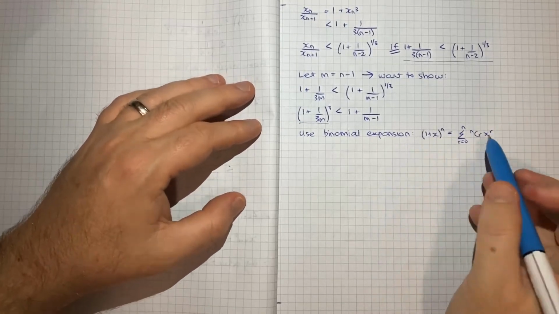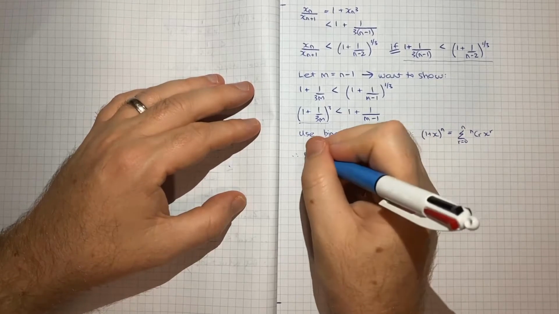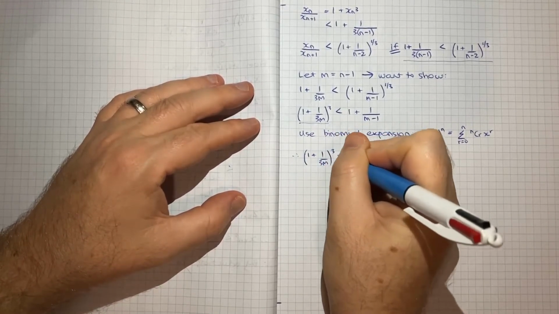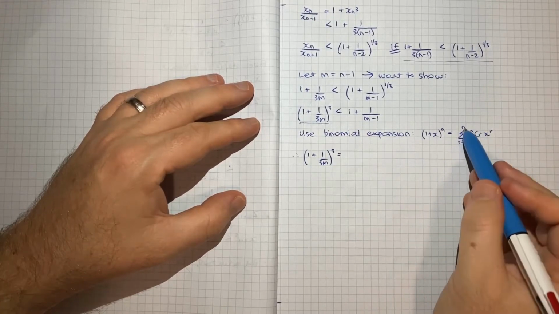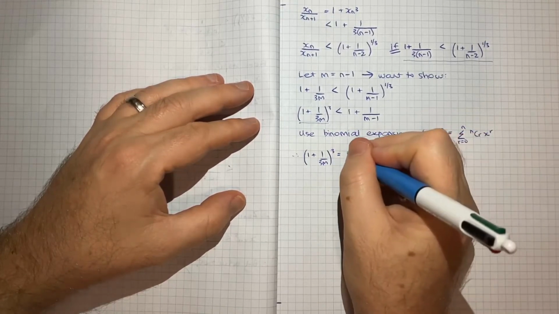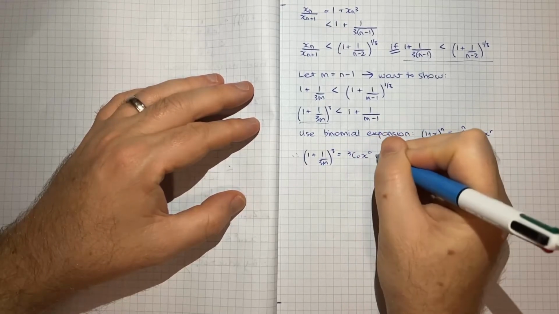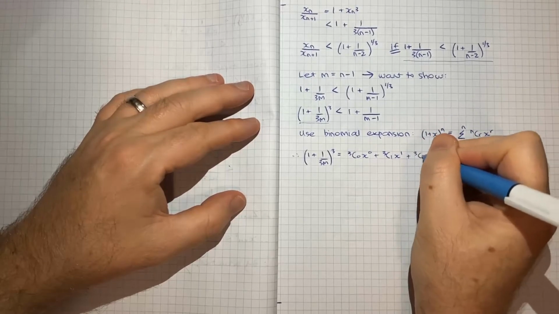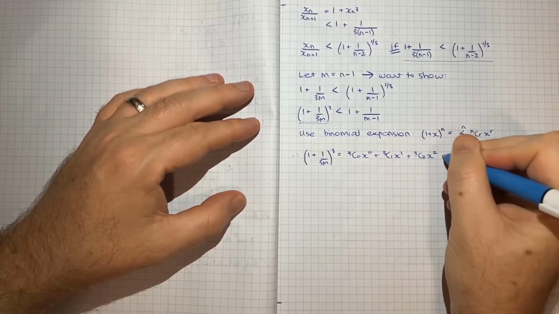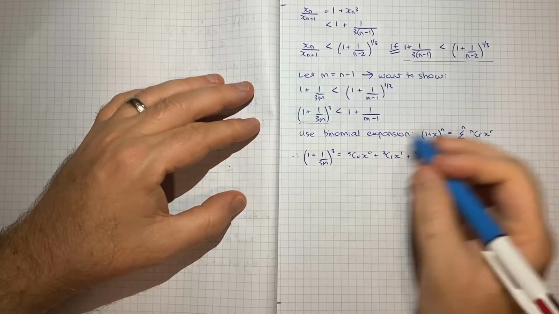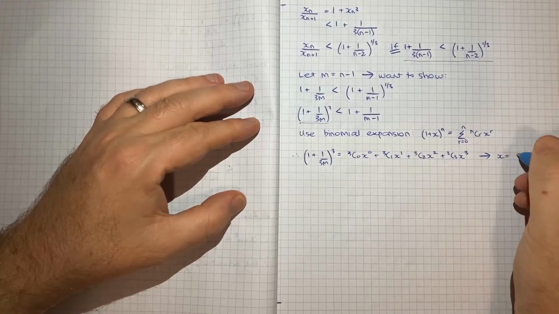So if we think about that, then 1 plus 1 on 3m, cubed, would be equal to, in this case n is 3, 3C0 x to the 0 plus 3C1 x to the 1 plus 3C2 x to the 2 plus 3C3 x cubed, and in all cases x is equal to 1 on 3m.